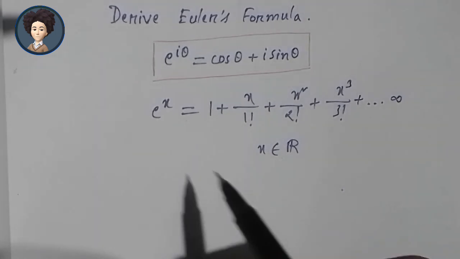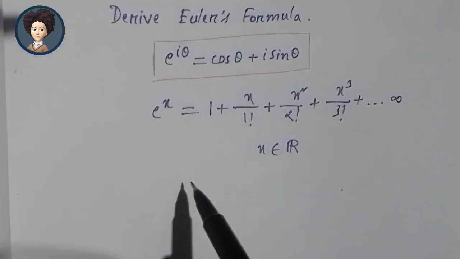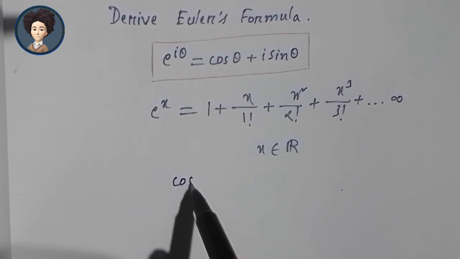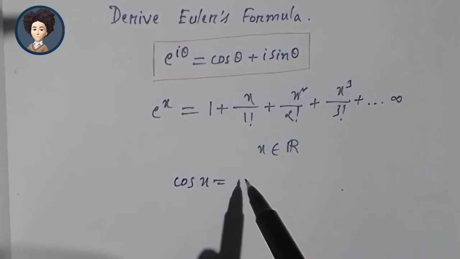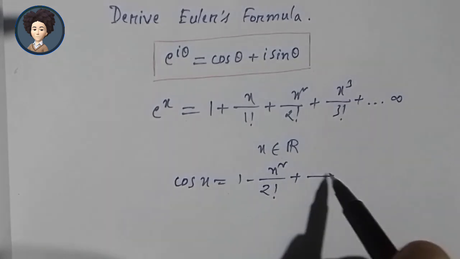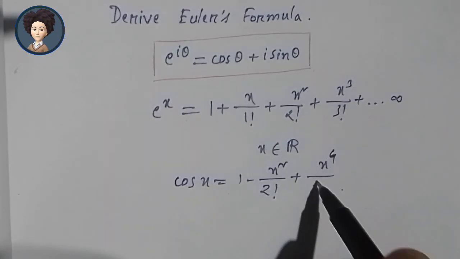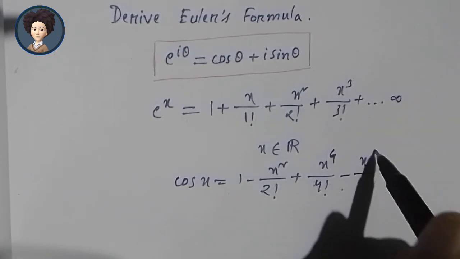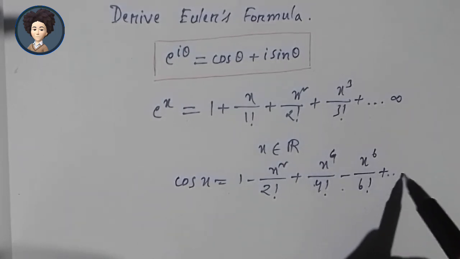So how it looks: cos x can be written as 1 minus x squared by 2 factorial plus x to the power 4 by 4 factorial minus x to the power 6 by 6 factorial plus, and so on.